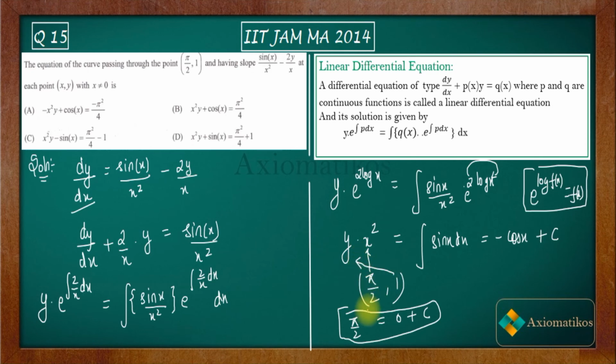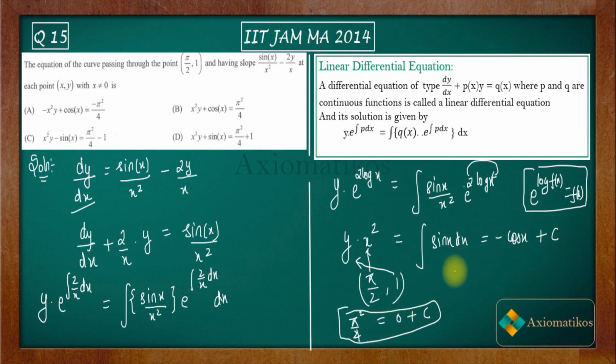So I should get pi squared by 4 on the left. Sorry for that. On the right you will get 0 plus c, therefore c will be pi squared by 4.